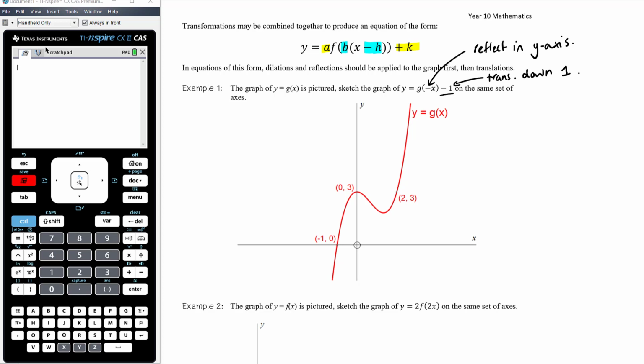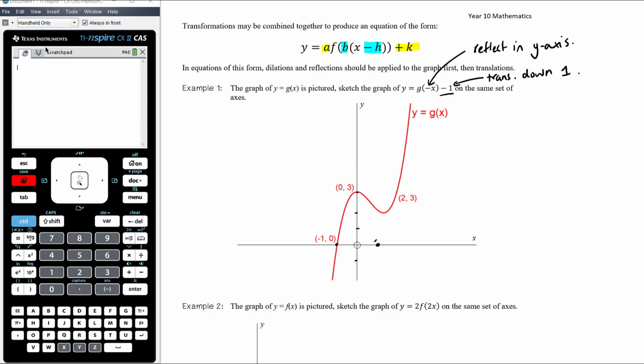So we want to do that with each of the points. So let's think about this point at negative 1, 0. If I reflect that in the y-axis, it's going to come over here to positive 1, 0. And if I then translate it down by 1, it's going to be down here. I'm just going to mark myself a scale so I can be clear.